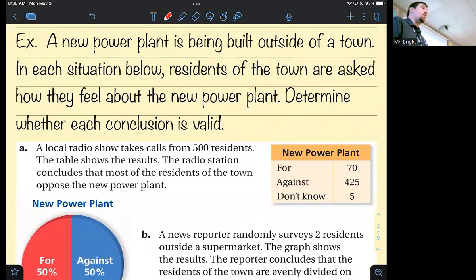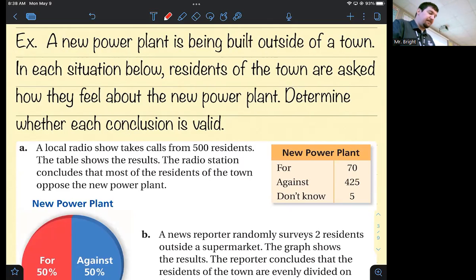It is. What I'm asking you, is it valid? Is it good data? Is it usable? Or did the way they conducted this survey give them accurate, but bad results? I'm not asking you if they did the math right. I'm asking you, did they do the survey right?